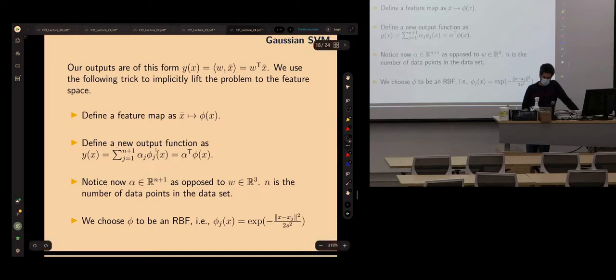Then you define a new function, instead of W transpose X, something that is a weighted sum of every feature vector. If you have n inputs, you're going to have n plus 1.